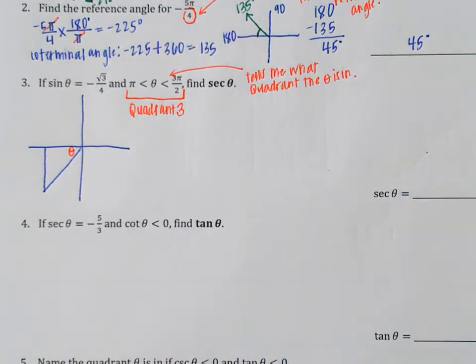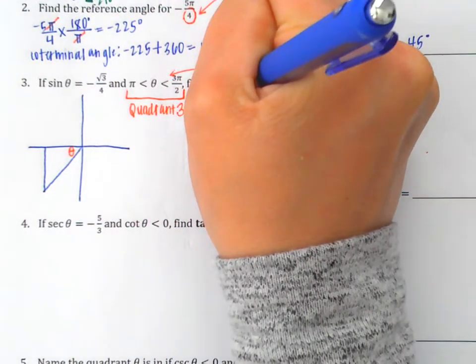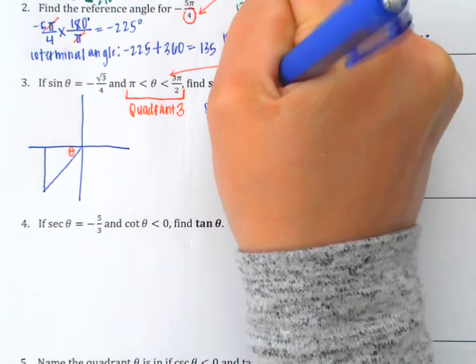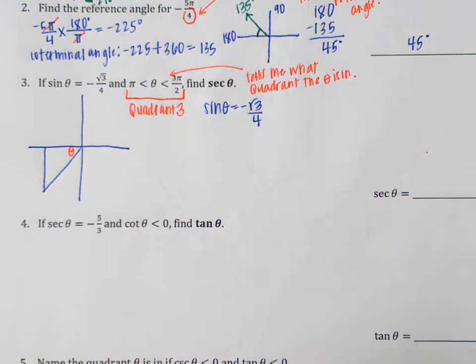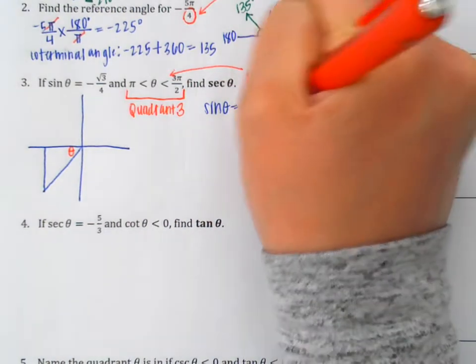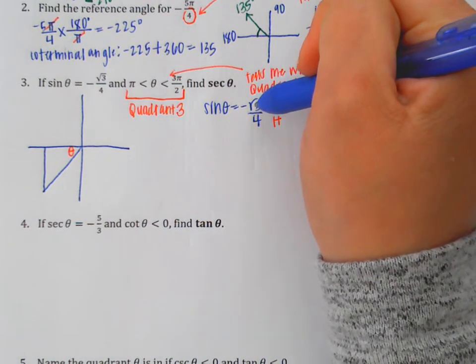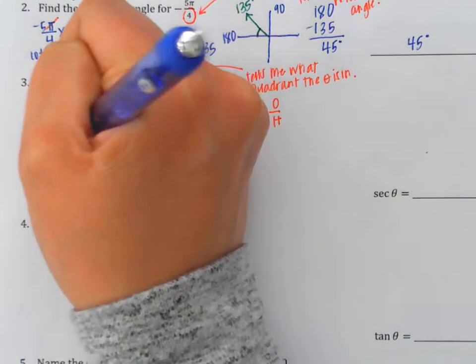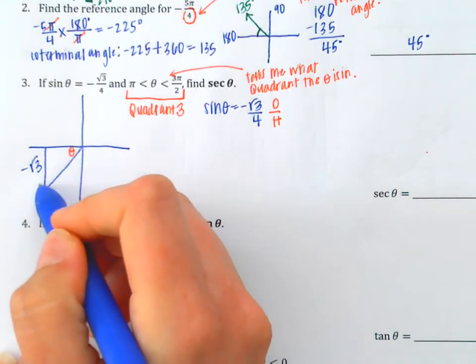So if it's giving us sine theta is -rad3/4, it's telling us, remember, sine is opposite over hypotenuse. So we think opposite is -rad3, which makes sense because this is negative.